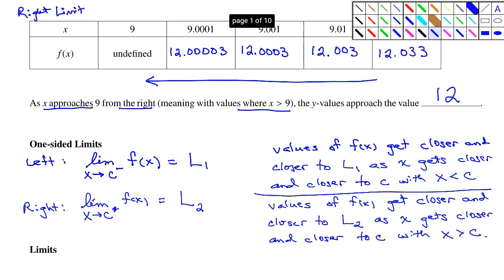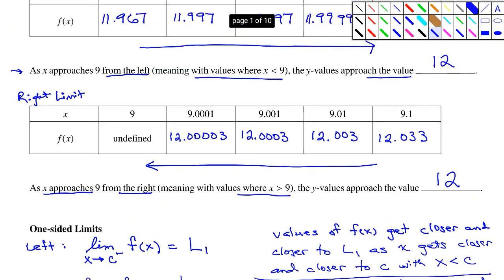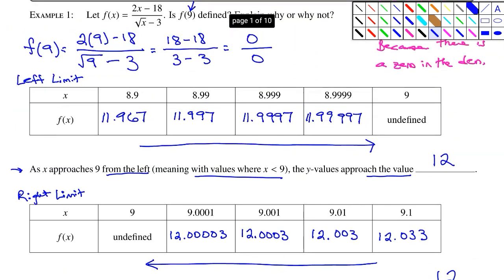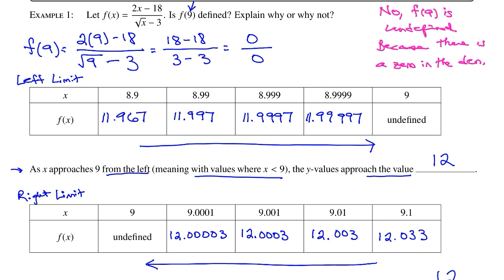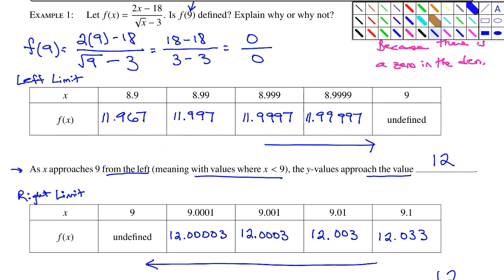So now let's go back to the chart here. So what is the chart saying? Well, the chart is actually saying this. This left limit says the limit as x approaches 9 from the left of the function 2x minus 18 over the square root of x minus 3, that is equal to 12.